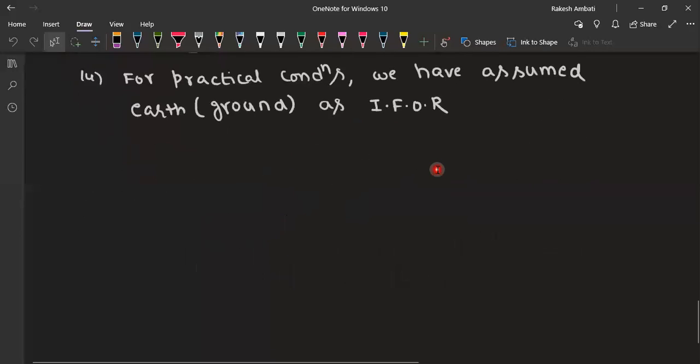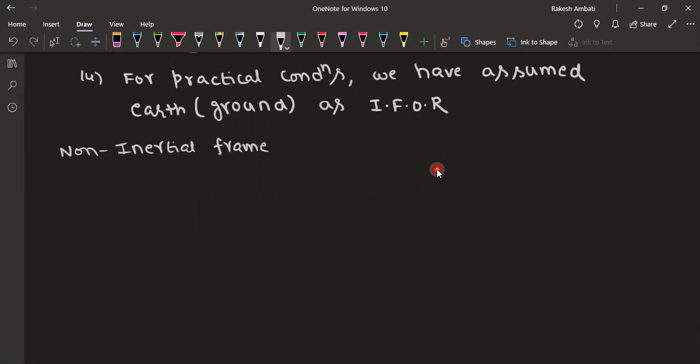Next one is non-inertial frame of reference. Write down the first point.